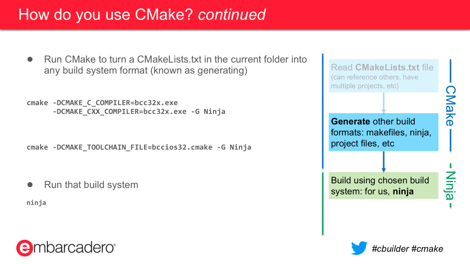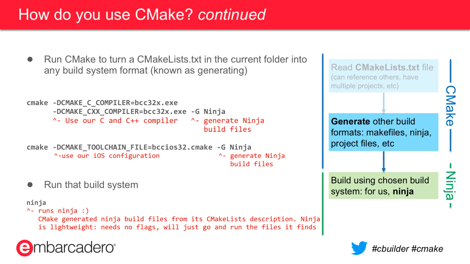So the second step in the CMake process is turning the CMakeLists.txt file, which is your project description, into something that your favorite build system can understand. So we're going to use Ninja, and we're going to also use the C++Builder compilers, and Ninja is going to invoke those compilers. So you can see a couple of command lines on screen.